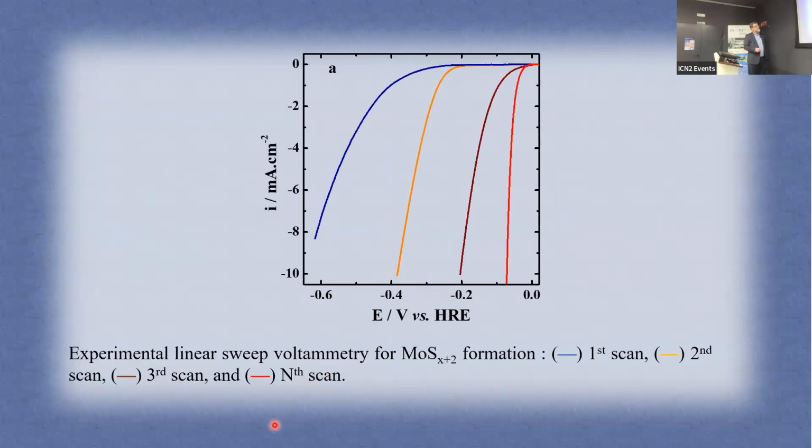Here we can see the experimental linear sweep voltammetry for several cycles, and we can observe the increase of activity for hydrogen evolution.